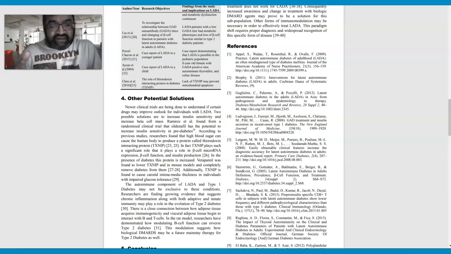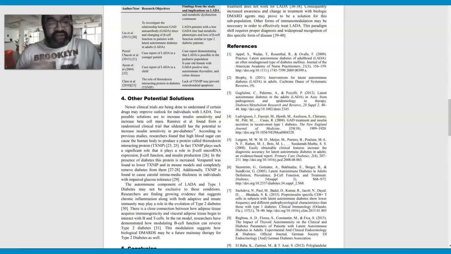TXNIP is thioredoxin interacting protein. In fact, thioredoxin interacting protein plays such a significant role in beta cells within the pancreas: expression of mRNA, beta cell function, and insulin production.